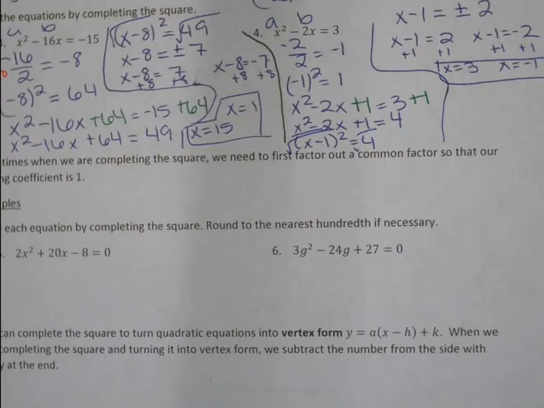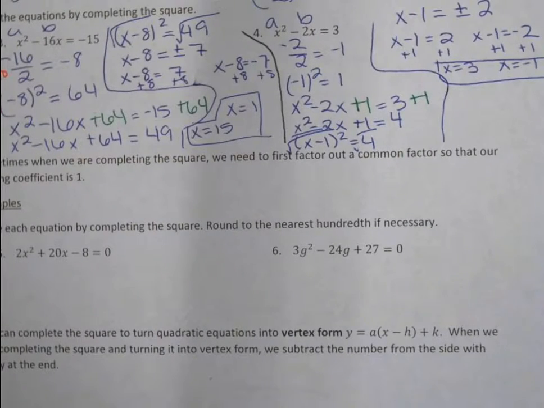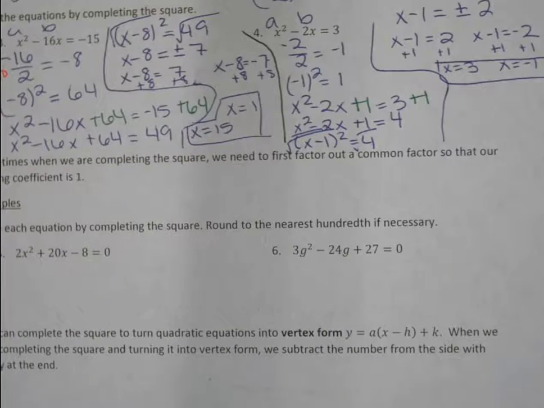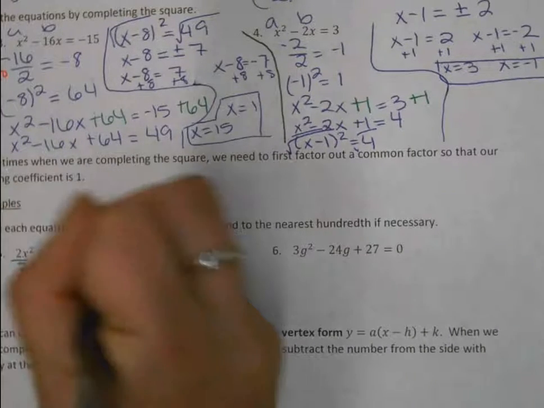Okay, moving on to number 5. Notice how I have a number out front? What I want to do is divide everything by 2 because everything is even. It's going to make my numbers a lot smaller to deal with.